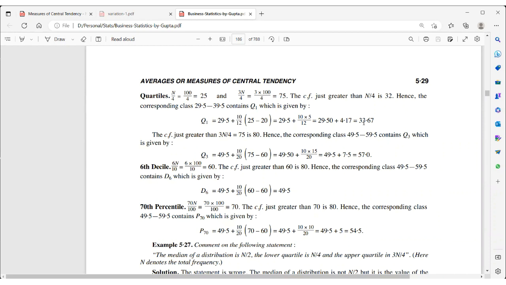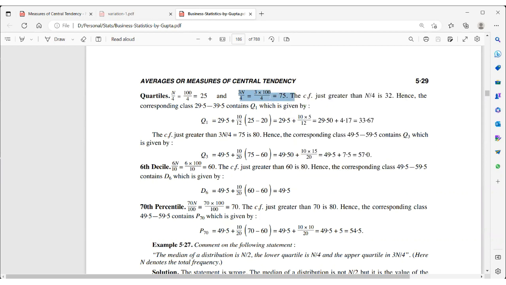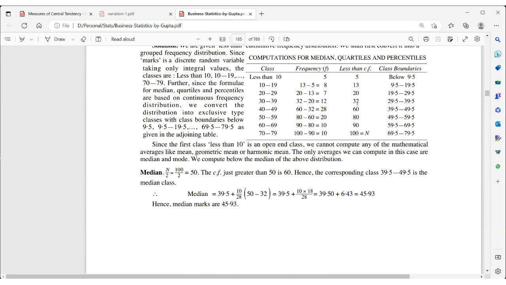Now, come to quartile 3. For quartile 3, we have to find the class by 3n by 4, right? 3n by 4 comes to be 75. Now in this, find the value which is just greater than 75, that is 80. So this is the third quartile class, the Q3 class, fine.